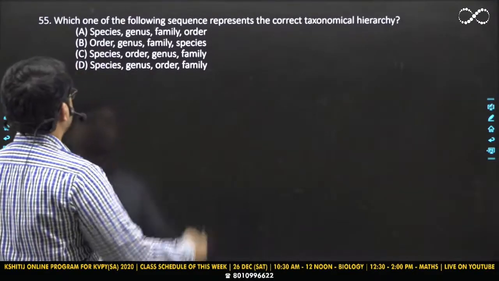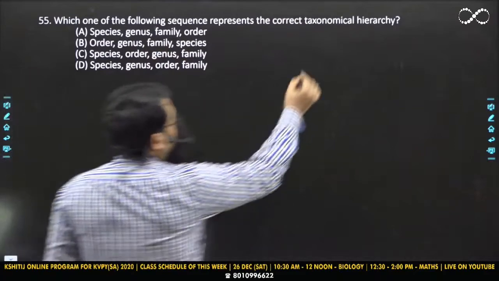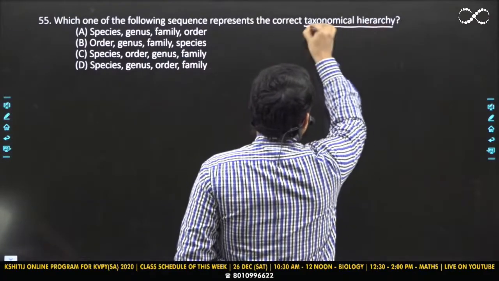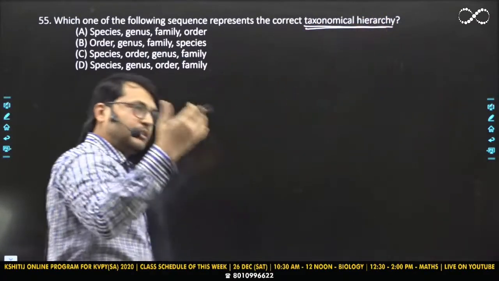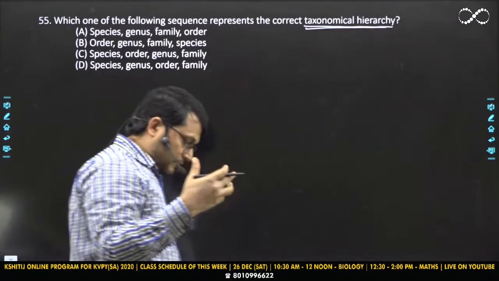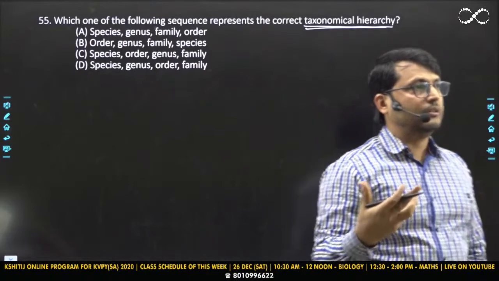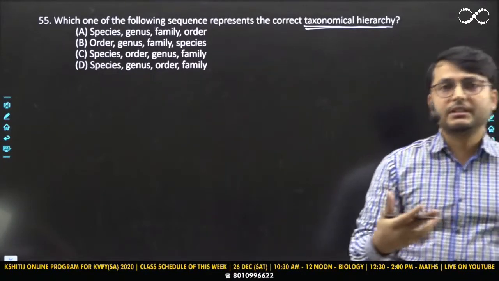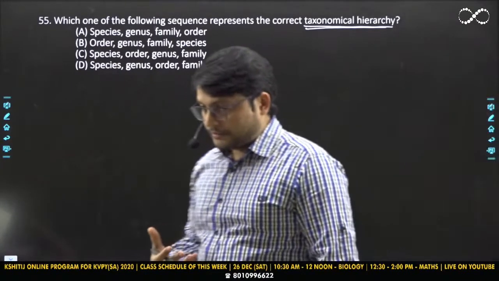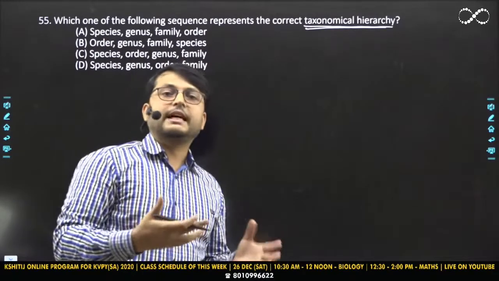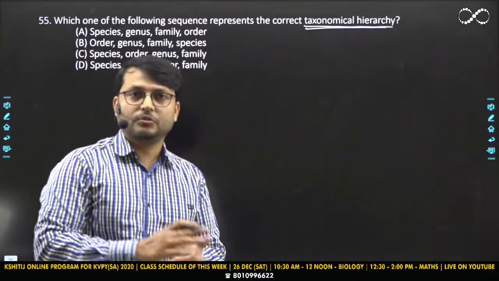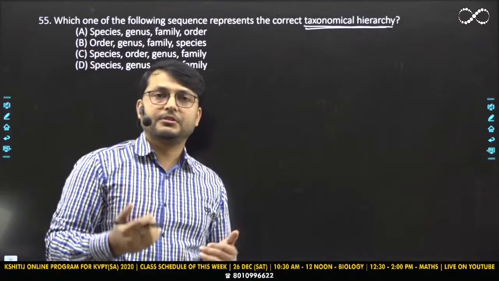A. Now see, when we are talking about taxonomical hierarchy, right? What is it? Hierarchy, right? So for taxonomy, we have created different taxons, mainly 7 taxons, and these taxons have been arranged on the basis of their number of organisms present in each one of them, in a particular order of seniority, right?